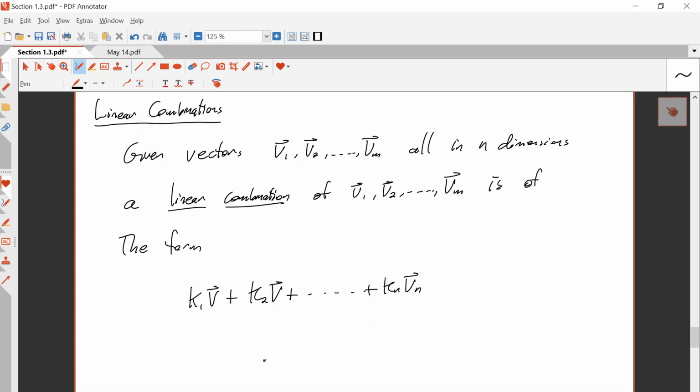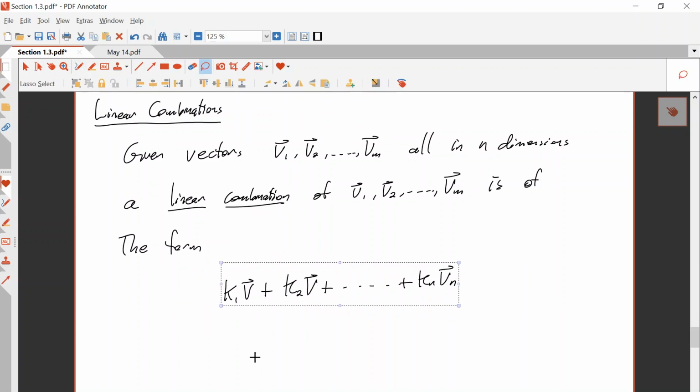So a linear combination of these vectors, essentially it's a sum of multiples of those vectors.